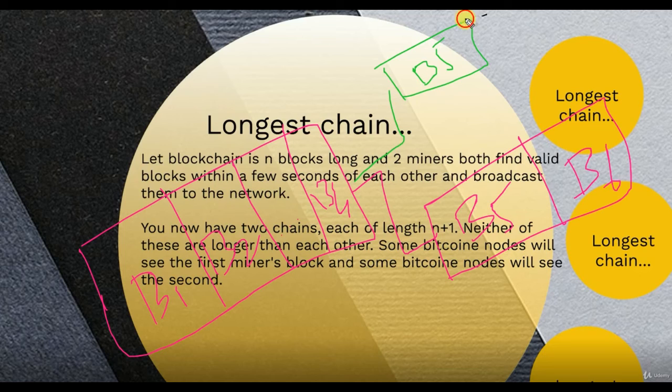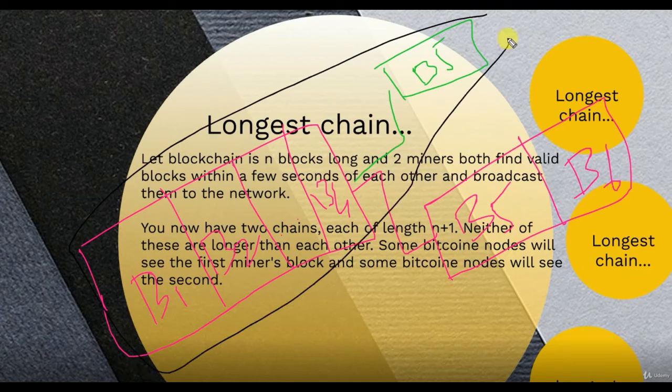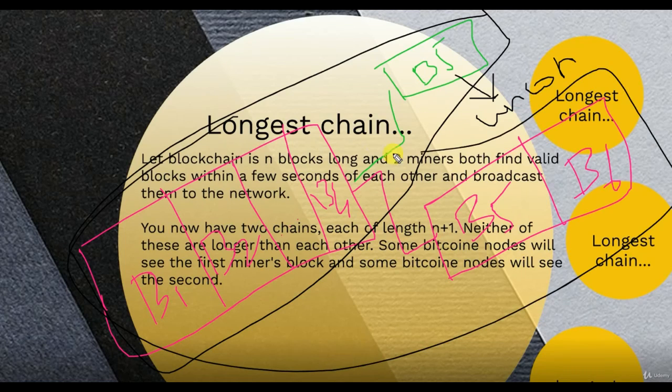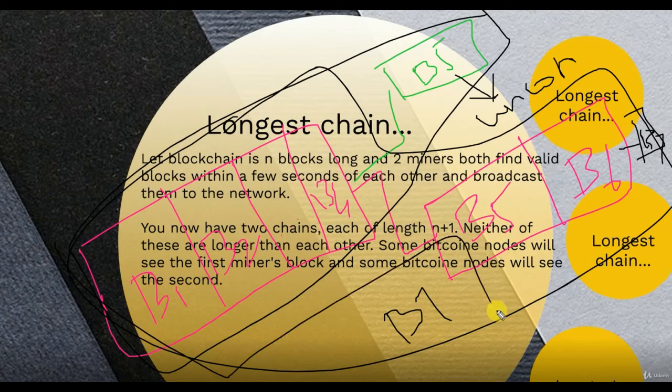This B5 block becomes the unconfirmed transaction, and whatever block we have here becomes the right block. Suppose another miner creates a new block B7, and it is added next to the B6 block. Now the chain we have added to becomes the confirmed, longest chain. So this is what the longest chain rule is.